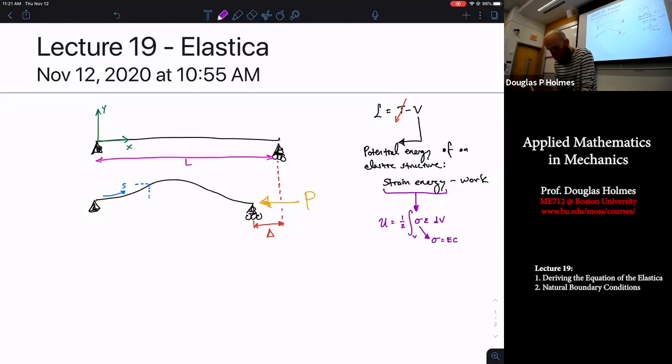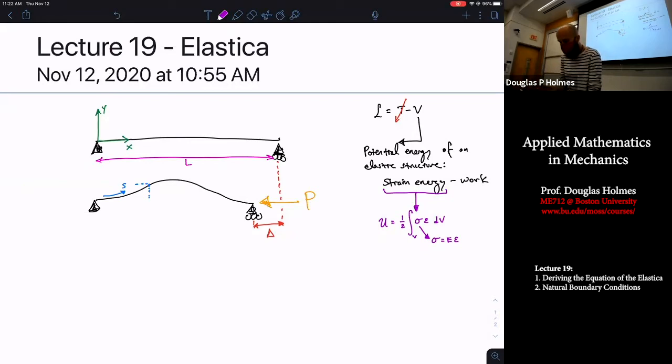And I'm going to use a different epsilon, the more curvy, bendy kind of epsilon, to make it clear that I'm not talking about epsilon as a small parameter, but epsilon as a tensor that describes deformations in the body. So this is not the same epsilon.